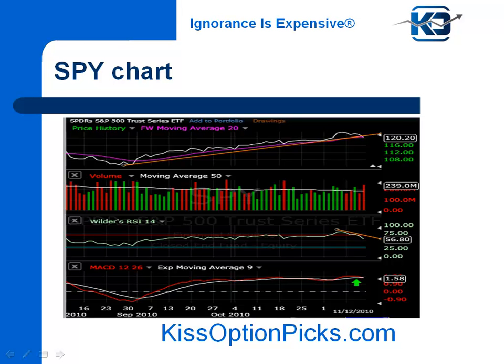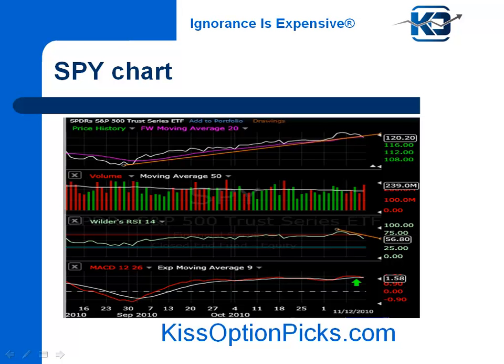Here is a chart of the SPY, the SPX ETF, the Spider, as we call it, for the past 3 months. On the top we have the white line, which is basically the SPY closing prices. We have the purple line, which is a 20-day moving average, and the orange line, which is basically the trend line.